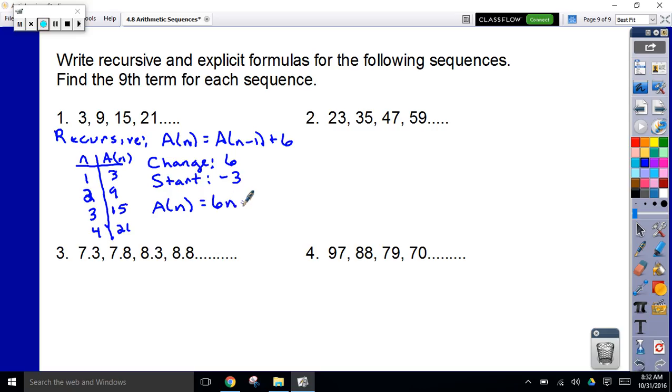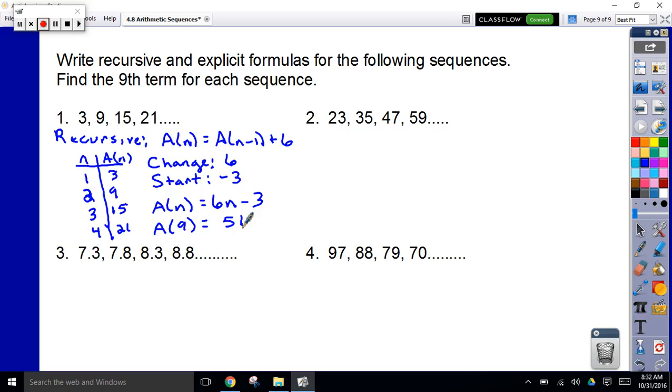Good. 6n minus 3. Okay, and then it asks us to find the 9th term, so we're going to find a of 9. Rosa, what would a of 9 be? Yeah, 51 is correct.